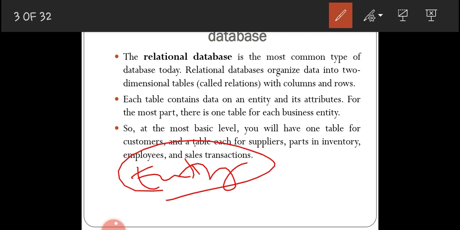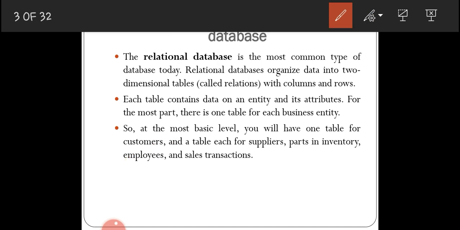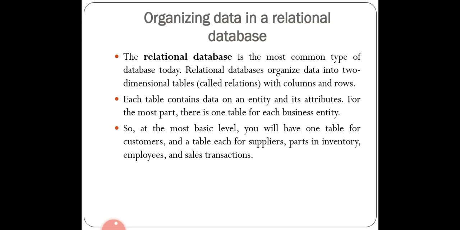For example, think of an entity called a student. A student could have a number of characteristics that we call attributes, including student number, student name, or student date of birth. We'll talk about attributes and entities in the coming slides.